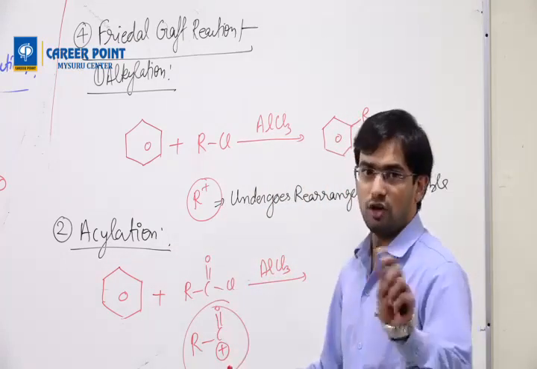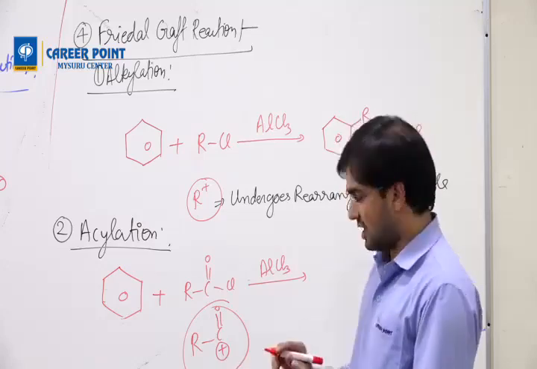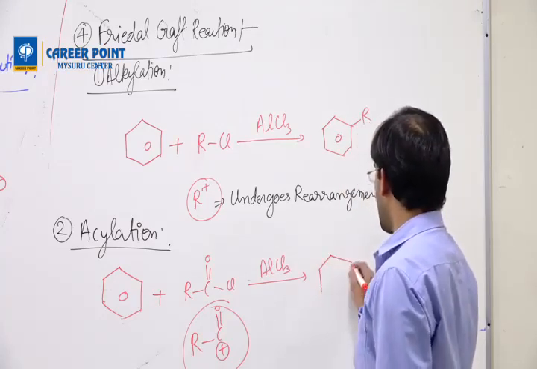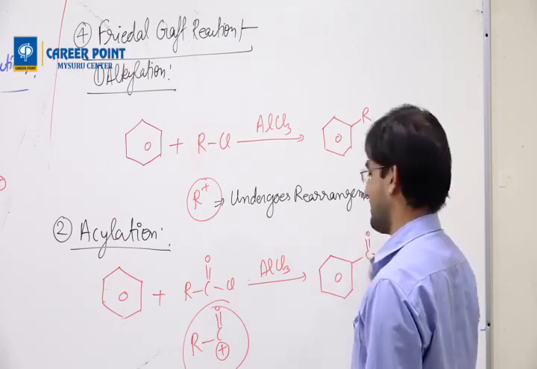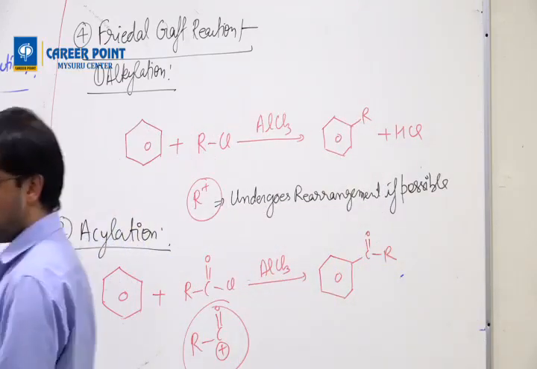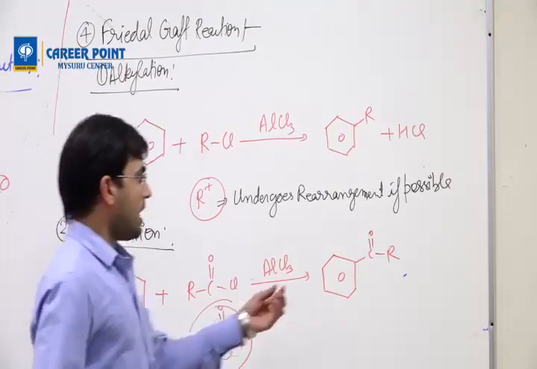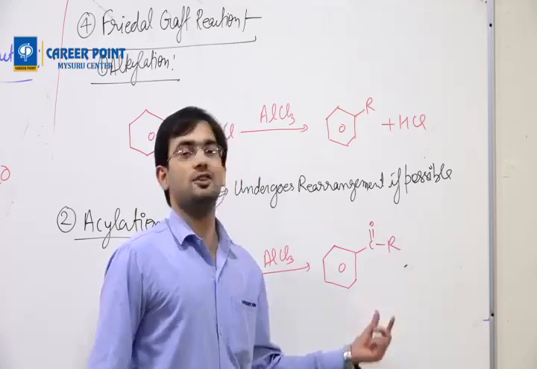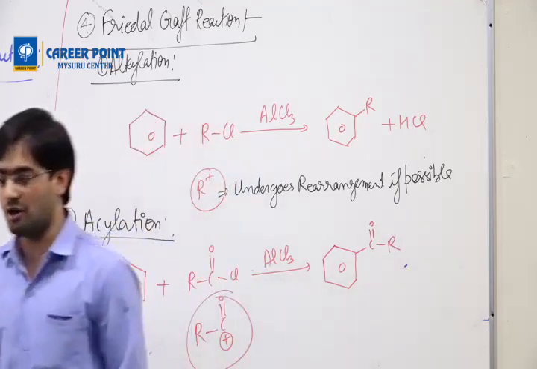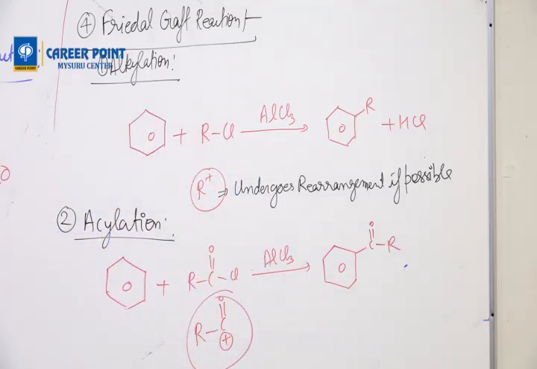Now it does not do rearrangement. You can't do rearrangement here. So the answer will become benzene COR. Depending on R, if it is CH3, it will become acetophenone. If R is benzene, it will become benzophenone. Understood?